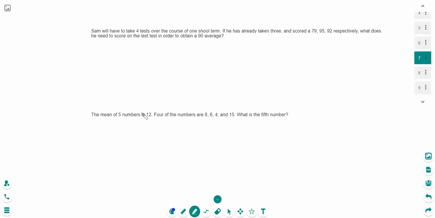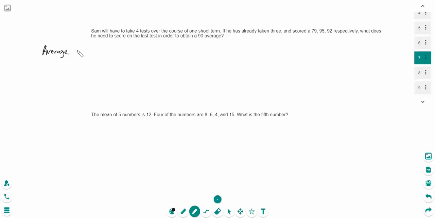Well, the key to recognize here is that we're talking about average. And you might say the mean. Okay. So if we're talking about average, we have a formula for the average. What is the formula for the average?